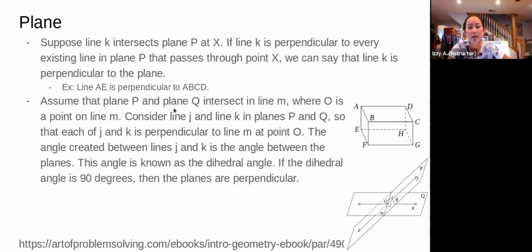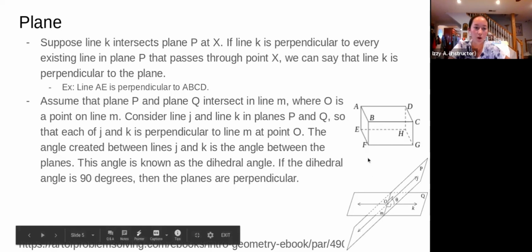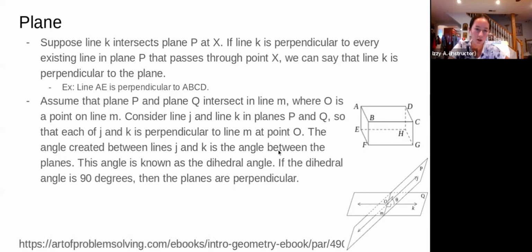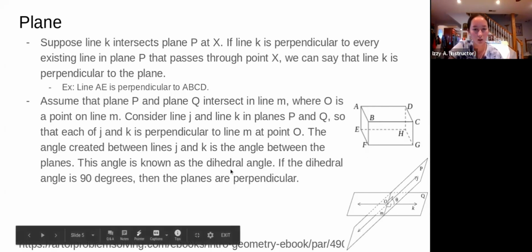Assume that plane P and plane Q intersect in line M, where O is a point on line M. Consider line J and line K in planes P and Q, so that each of J and K is perpendicular to line M at point O. The angle created between lines J and K is the angle between the planes. This angle is known as the dihedral angle. If the dihedral angle is 90 degrees, then the planes are perpendicular.